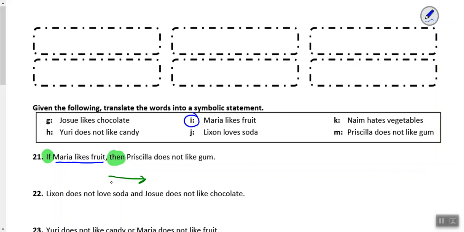Oh, okay, that's I. So I can say I, arrow. So if then, and then the last part, Priscilla does not like gum. Let's see. M, okay, Priscilla does not like gum. It matches. So you can say I, arrow, M.